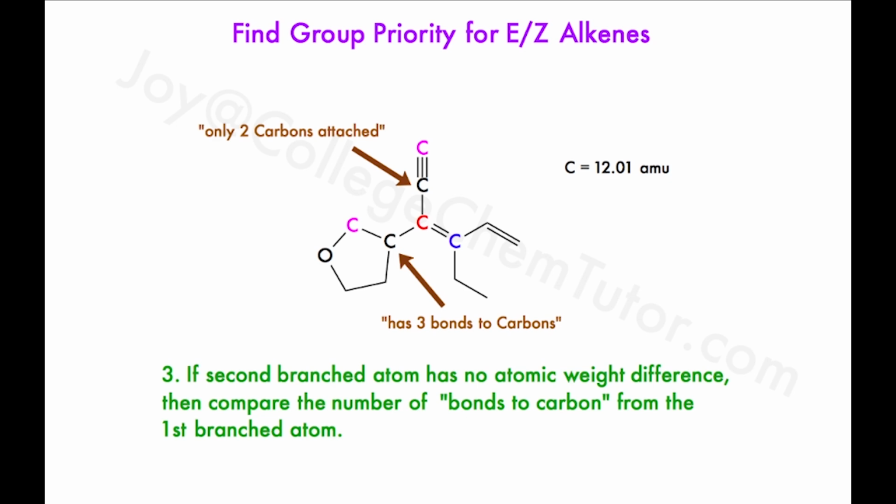However, it has 4 bonds to carbon. The triple bond circled counts as 3 bonds to carbon, and the red one also counts as another bond to carbon, making a total of 4. Since the top black carbon has 4 bonds to carbon, that would make that entire group the higher priority.